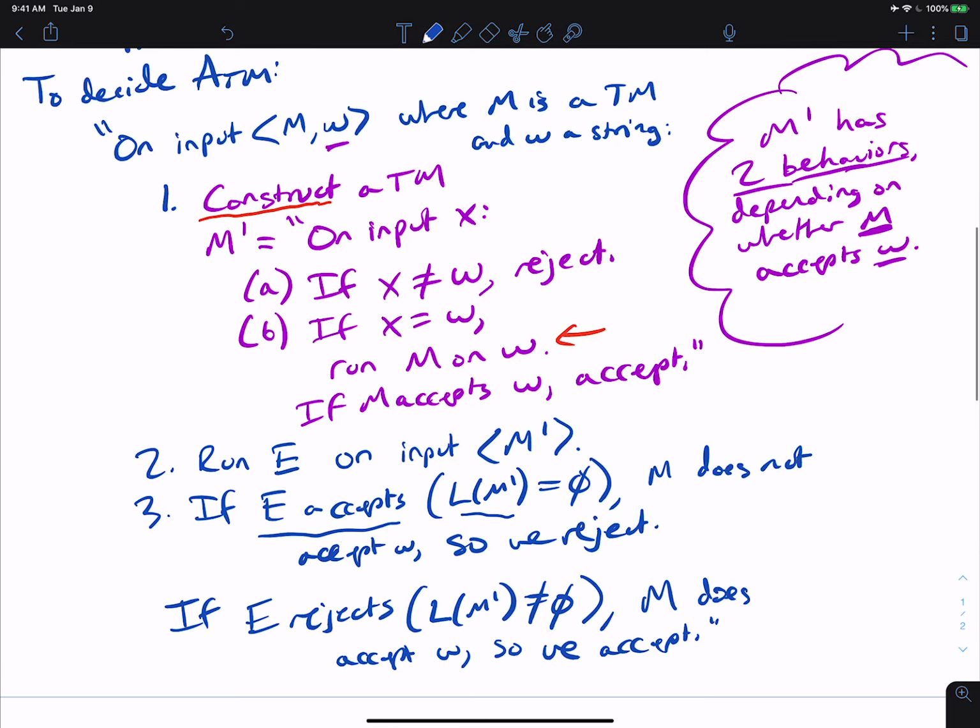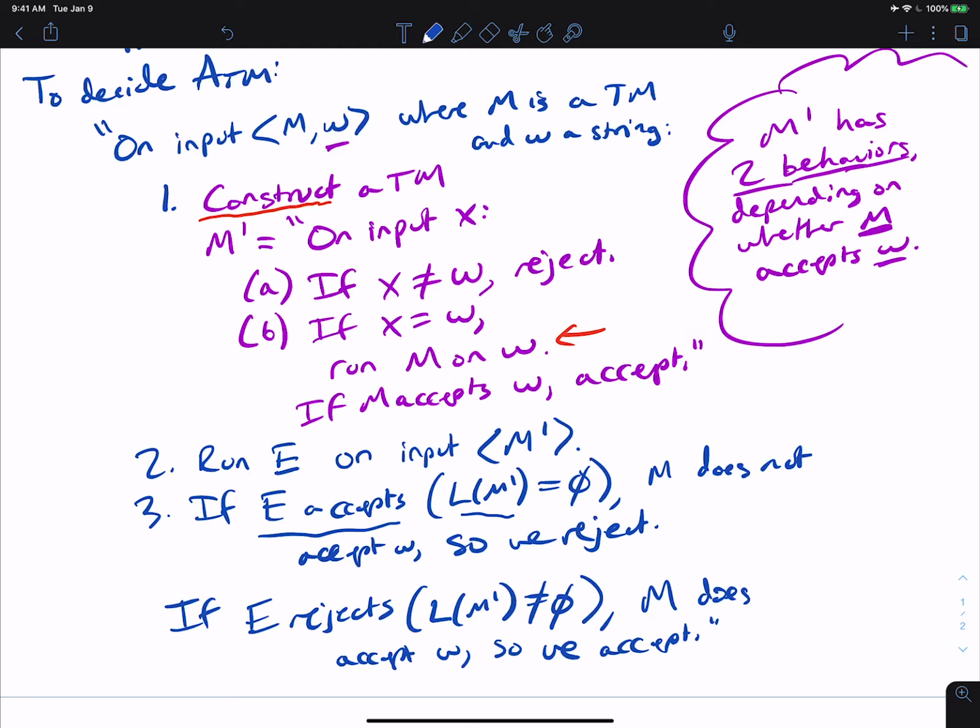We're making a machine that has two behaviors, whether or not M accepts W. Whether its language is empty or not depends only on whether M accepts W. So we're just making the machine in step one, which we can do. We're just constructing the machine. We're embedding the instructions right into the machine, just writing out the instructions right on the tape.